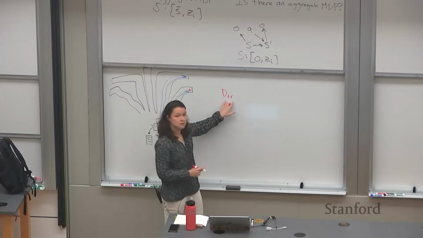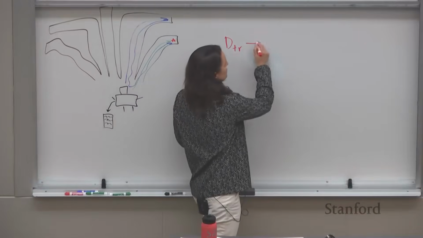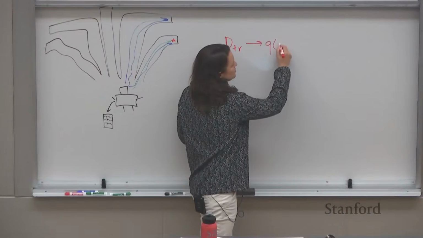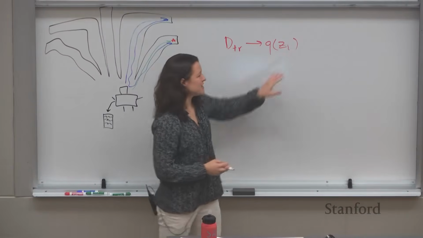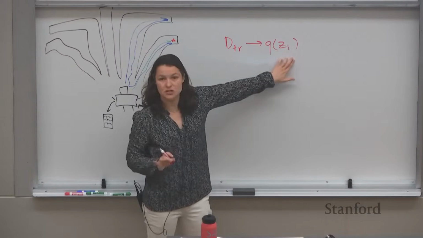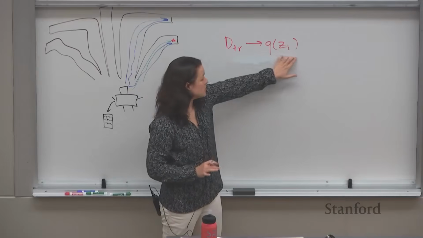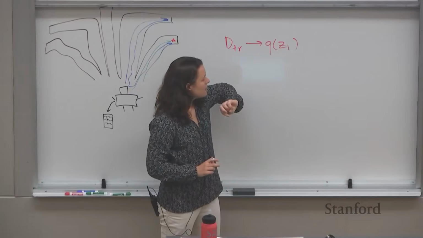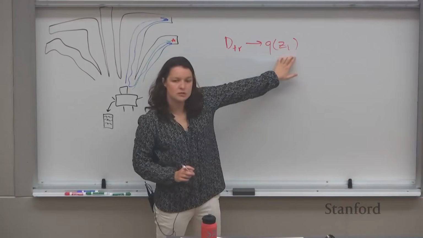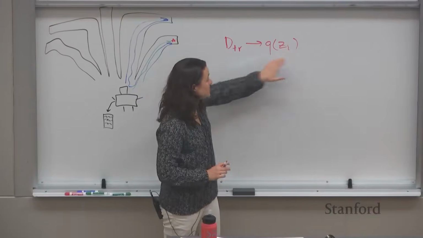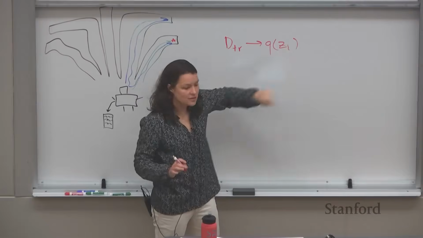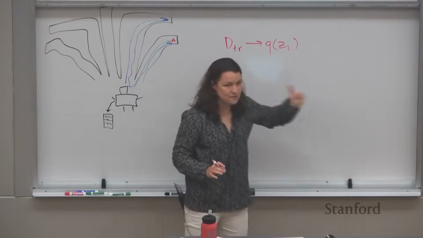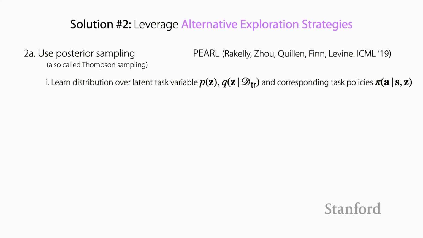If you've collected some experience so far and you've inferred some distribution over your task, in this case, Zi is some latent representation. It's not a representation that's known. Then what you could do is sample from this distribution and then act as if that was the correct task.